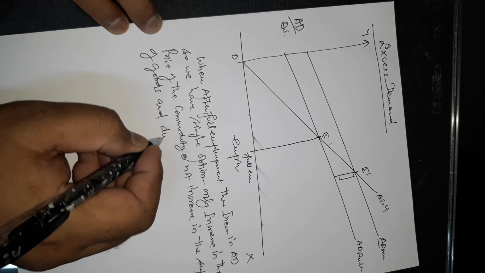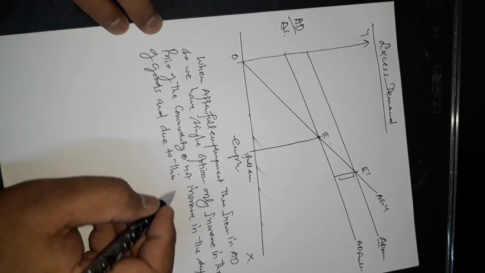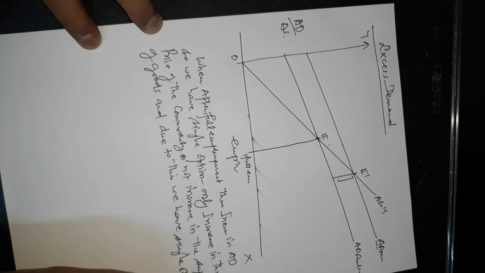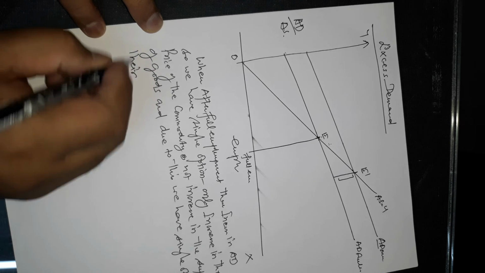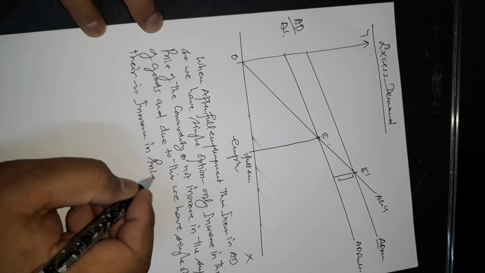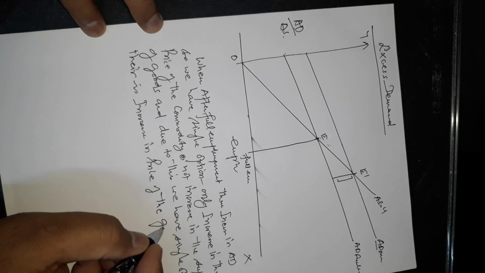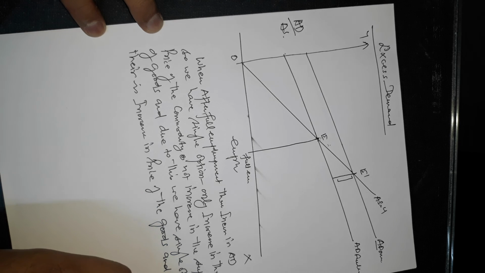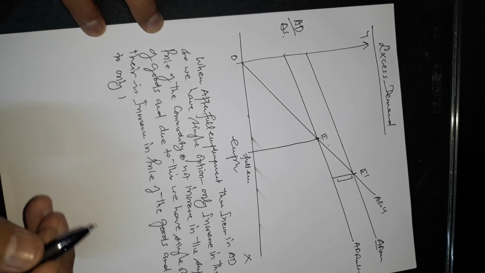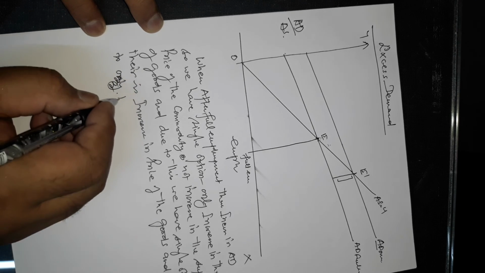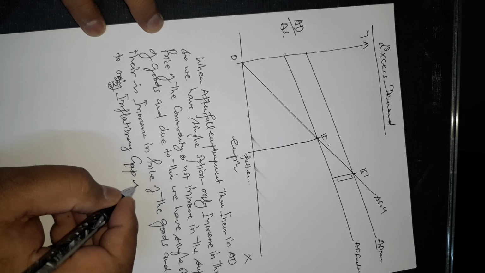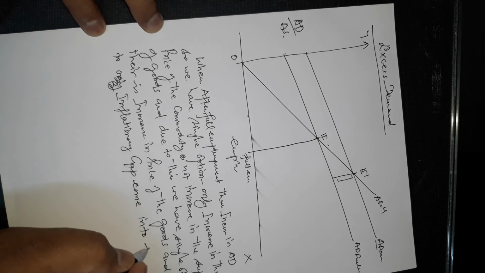And due to this, we have a single option: there is an increase in the price of the goods, and due to only this, the inflationary gap comes into existence.